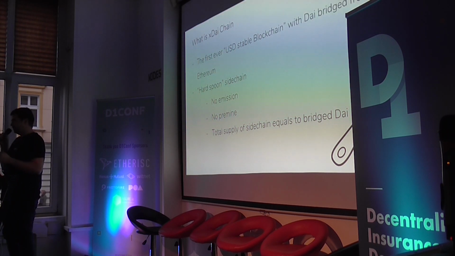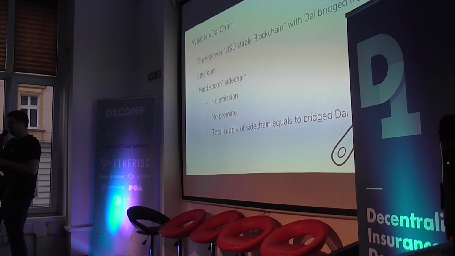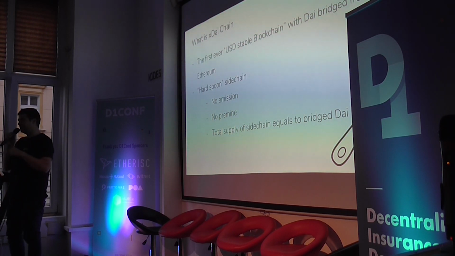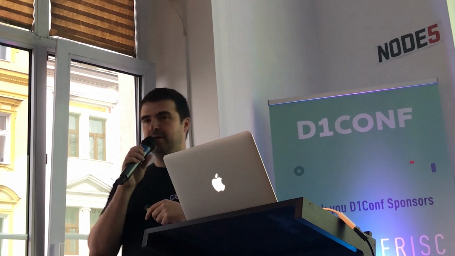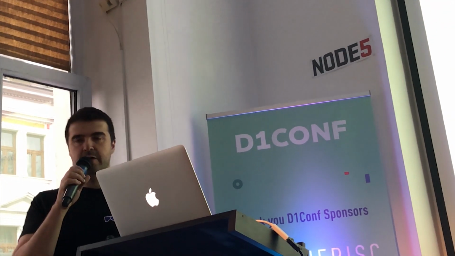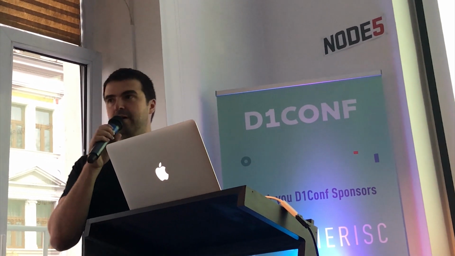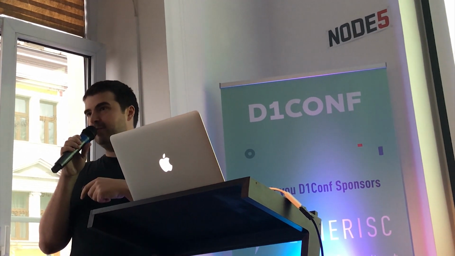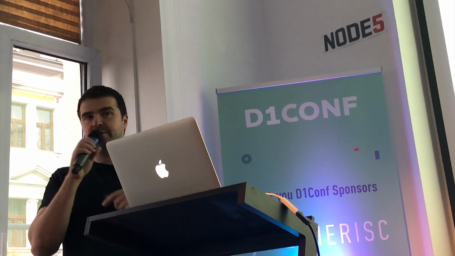We created a bridge between Ethereum and this new hard spoon, and in this hard spoon, the bridge is authorized to create new coins. So basically it works as lock on one side and mint and burn on the other side. So on Ethereum, when the user locks his DAI coin, the bridge mints new xDai coins for him on this sidechain.